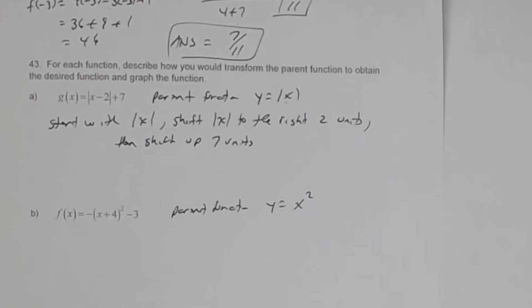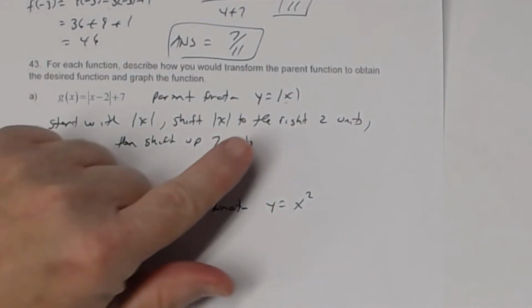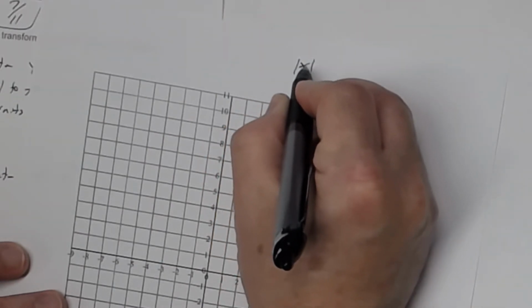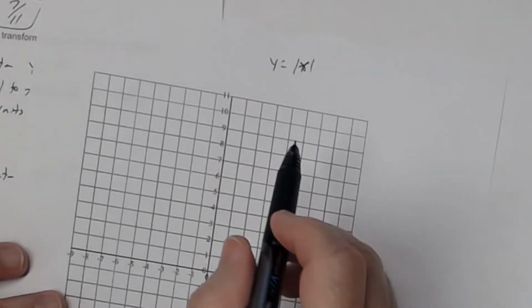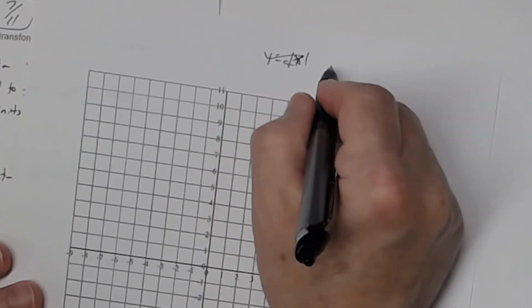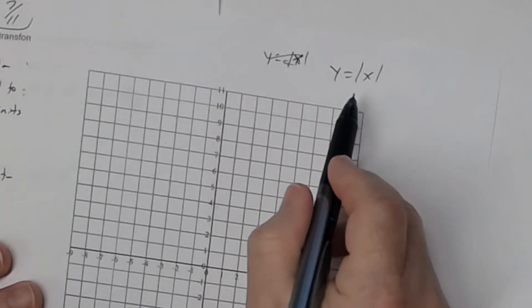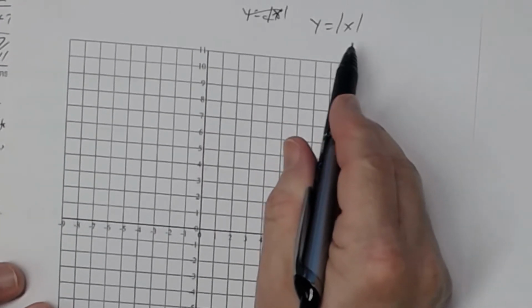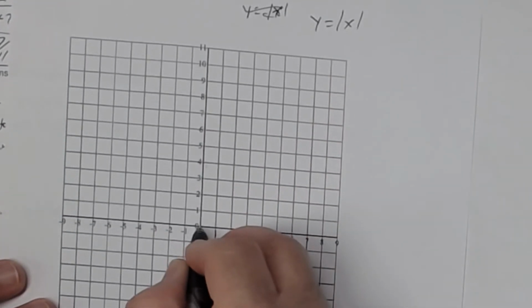So in terms of a graph, this is what it looks like in terms of a graph. So let's look at this. So here is the parent function. So remember, when you're graphing the parent function, y equals absolute value of x. So let me write it out again. Y equals absolute value of x. When graphing that, you're going to start with the parent function. So when x is 0, y is 0. So get the origin.